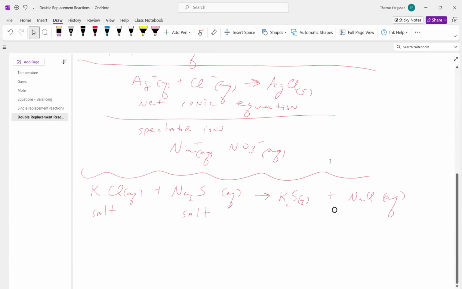No, it's not. So always make sure your equations are balanced. No exceptions. Okay. So if we put 2 potassiums on the right, 2 potassiums on the left, 2 sodiums on the left, 2 on the right. Okay, so we got 2 sodiums, 2 chlorides, 2 chlorides, 2 sodiums, 1 sulfur, 1 sulfur, 2 chlorides, 2 chlorides. So it's balanced now.